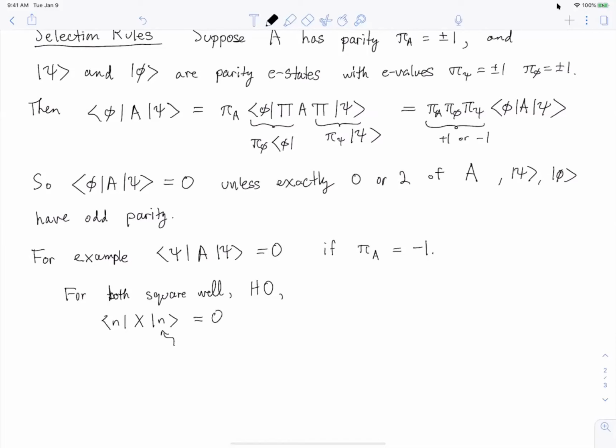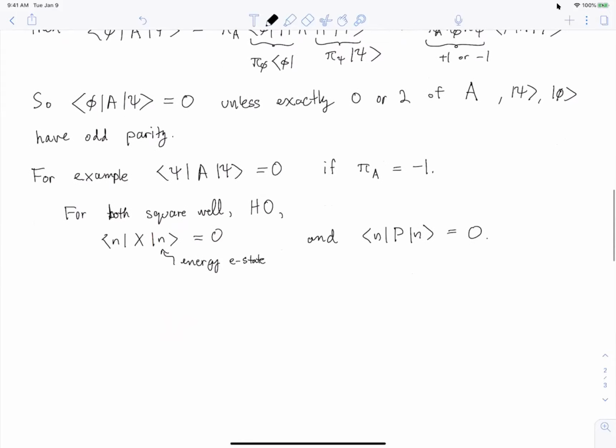This is for any energy eigenstate, because any energy eigenstate is also a parity eigenstate. And it doesn't matter what its parity is, because there's 2 of them here, and so the parity will cancel out. And similarly, if we take the expectation value of momentum, we're guaranteed to get 0 if the Hamiltonian commutes with parity.